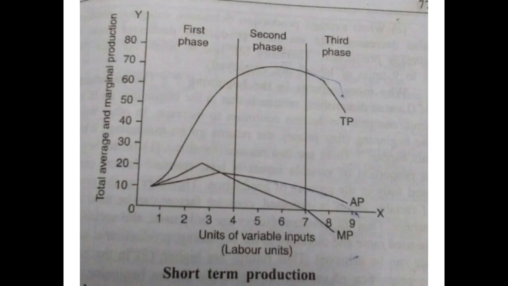As I stated, firstly we were using fewer inputs, so we were getting more output. Now what is happening then? The second reason was that we are now using the resources, or we can say inputs, at an optimum level, the maximum level.